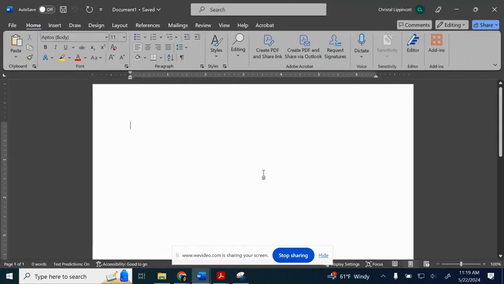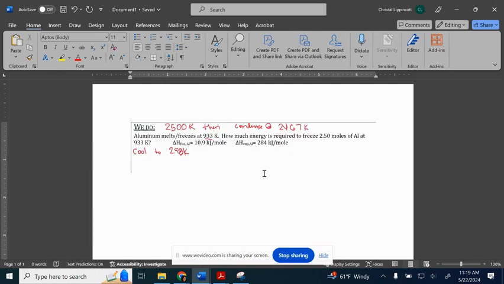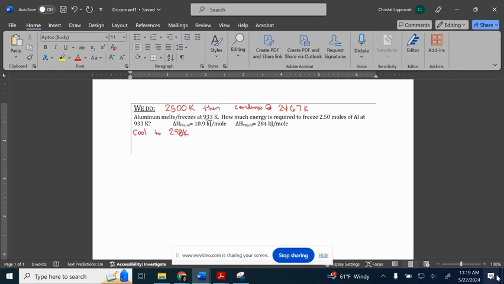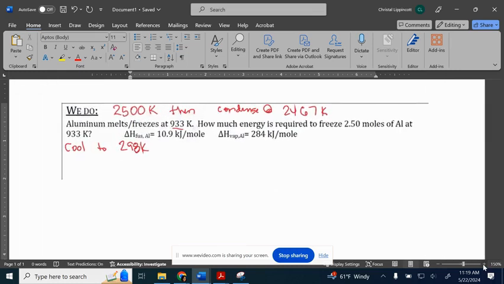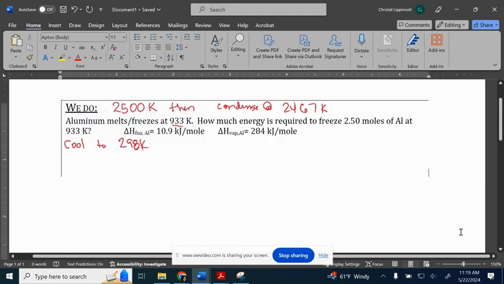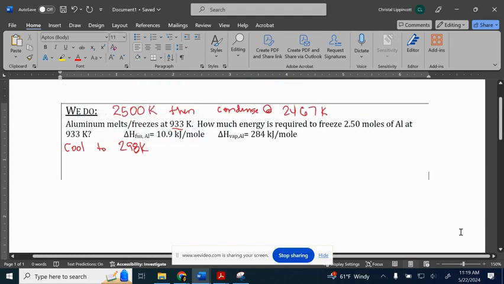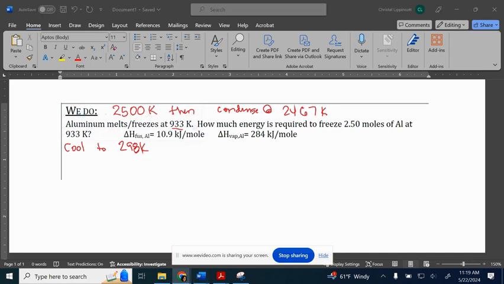Okay, there we go. Now we are going to paste it into here, and now I got room to work. Okay, so we are going to start out, and the first step that we need to do is find the specific heat for, so I got to give you one more value.